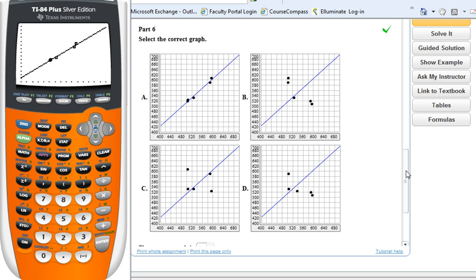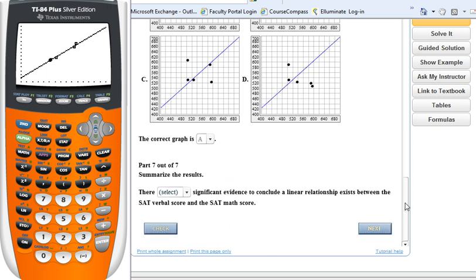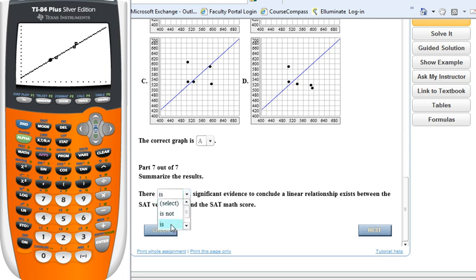Alright, so as we go down here now, we get to summarize these results. So there is significant evidence to conclude a linear relationship exists between the SAT verbal and the SAT math scores.